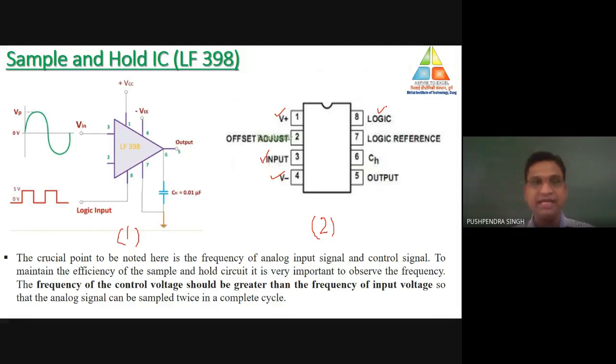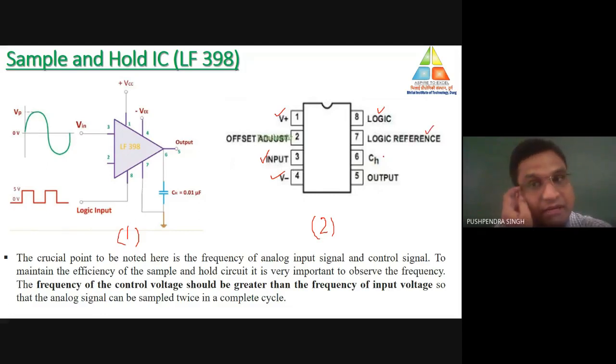What is pin number 8? With the help of pin number 8, we will apply the logic for comparison purpose. So with pin number 8, we will supply the logic of the control signal. Pin number 7 is used as a logic reference.